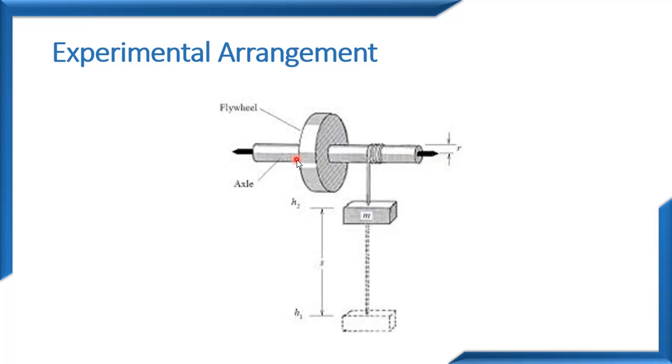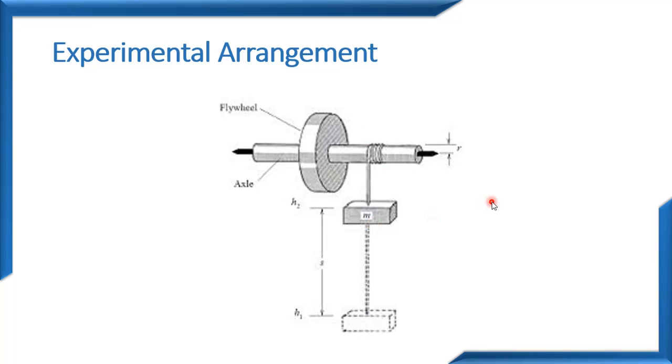To rotate this disc, we use a mass. This mass is first put near the ground, and we rotate this entire axle such that this mass goes up, winding over the axle.